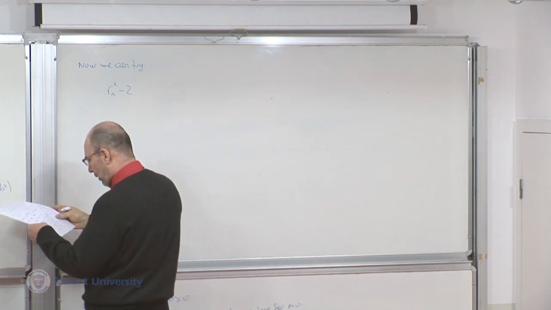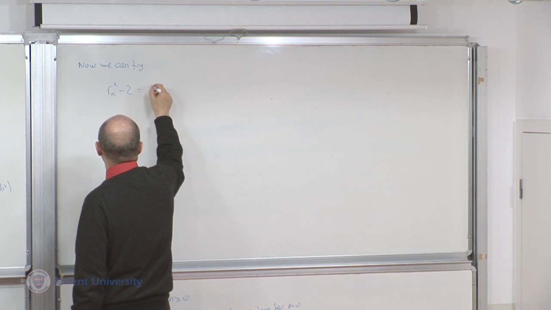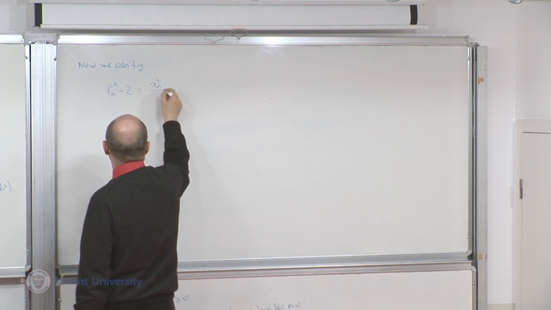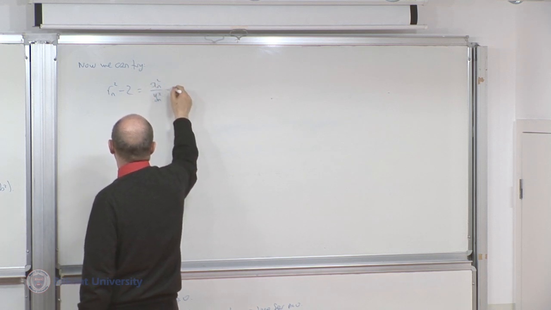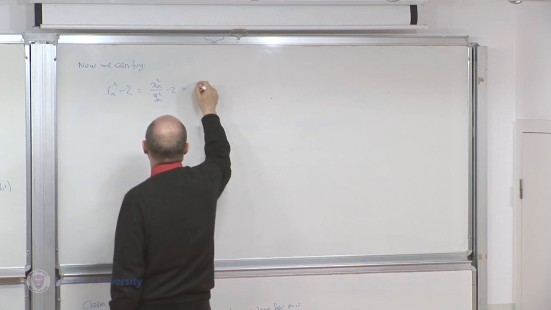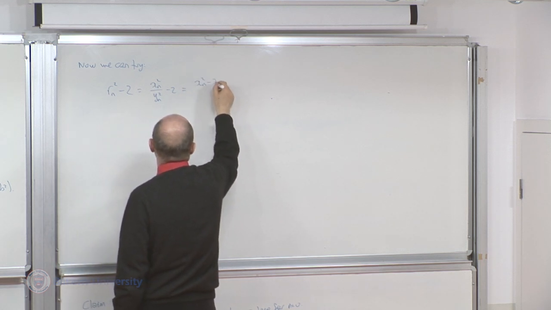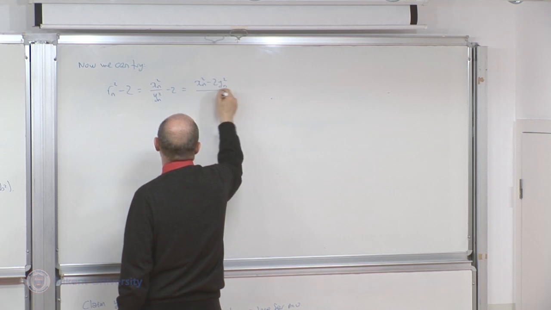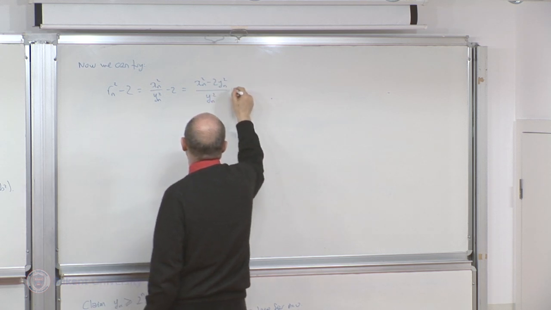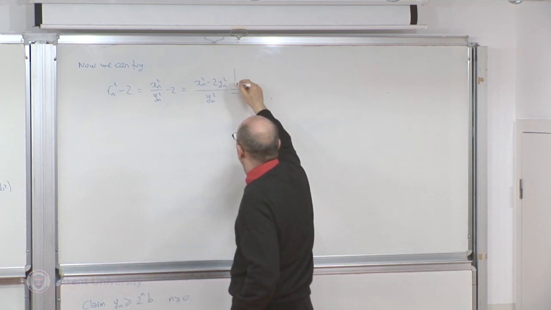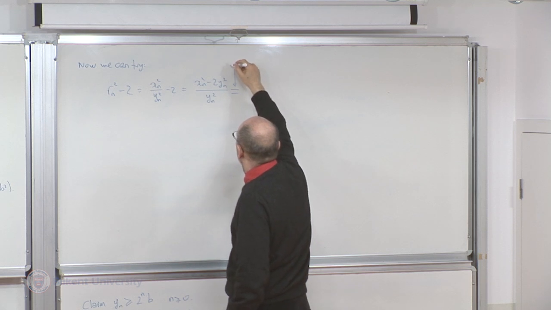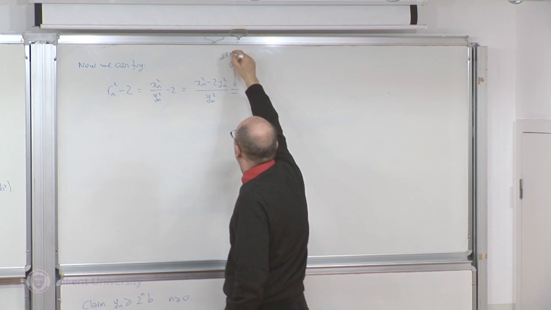So let us see. If you write this thing, this is xn²/yn² − 2. If you do this, this is (xn² − 2yn²)/yn². Now I use the fact that we proved this claim.